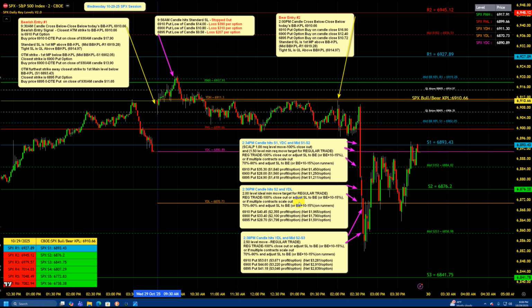Close out. One thing I forgot to mention earlier is this point. If you have multiple contracts, you also have another option where you can simply close 70 to 90% of your contracts, closing them out for the full profit, and then adjust your stop loss to break even, or break even plus the profit buffer of 10 to 15% added on top, on any remaining runners.